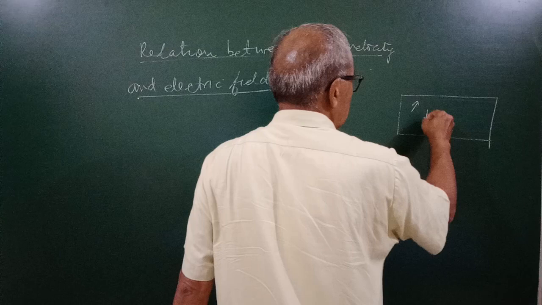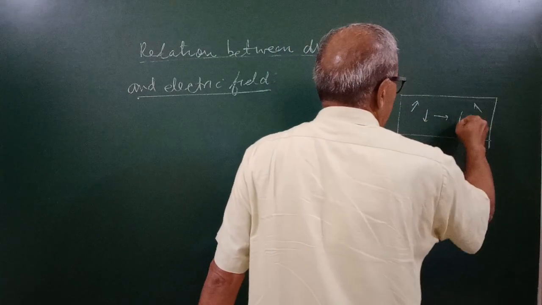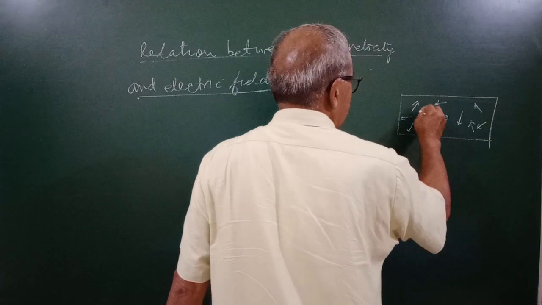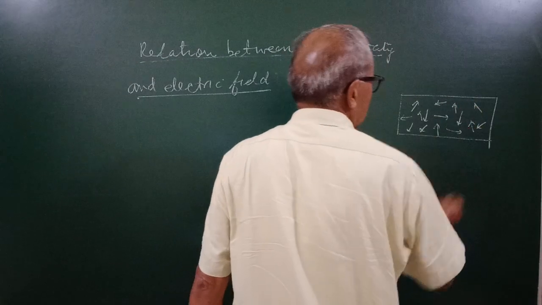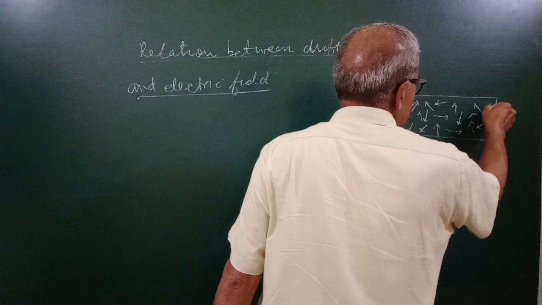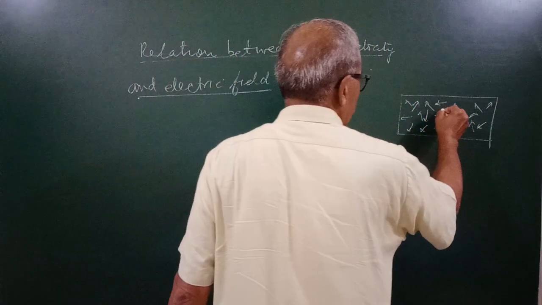But in a free conductor, the velocities of electrons are quite random, and the magnitude of these velocities depends upon temperature, and due to collisions their velocities are random. These velocities are called thermal velocities.